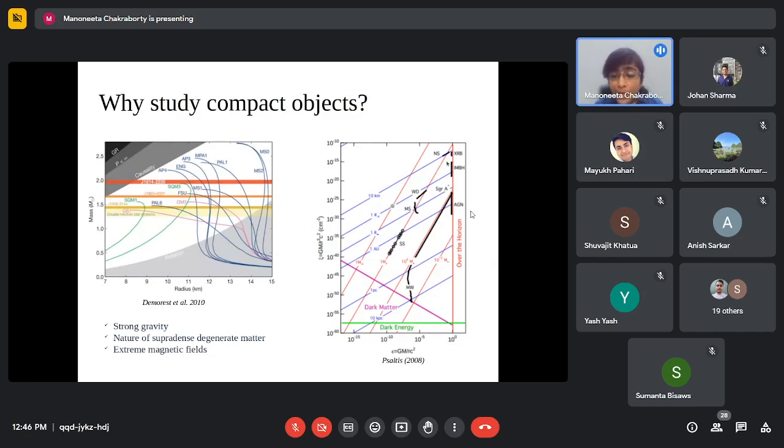What it basically means is that even though gravity is typically a weak force, the effect of curvature, which tells you how strong the effect of gravity is close to a particular object, would be the highest close to the neutron star or the black holes. So in our normal day-to-day observations, whatever effects of gravity we see happen in what we call the weak field regime of gravity.